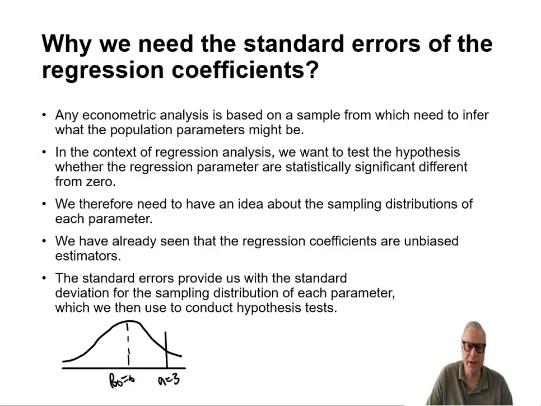And that is basically what the alpha tells you: the risk that you reject the null hypothesis even though it is true.